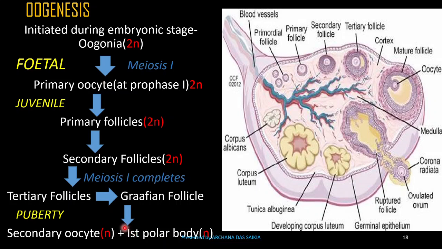The maximum of the cell content is deposited in the secondary oocyte, with minimal content in the first polar body. Gradually the first polar body simply dies out, leaving behind only one cell, the secondary oocyte, which matures and is released from the Graafian follicle.